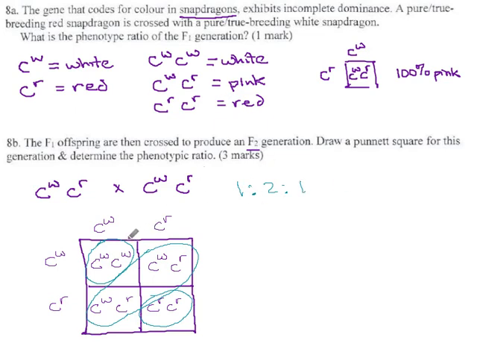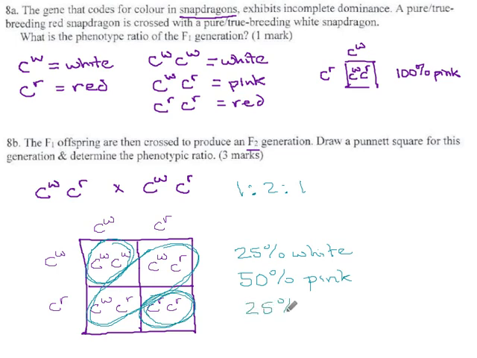Or if we do percentages like we normally do, then this is 1 out of 4 white, or 25% white. There are 2 out of 4, meaning 50% of the plants are pink like their parents, and 1 out of 4 down here, CRCR, which are red flower plants.